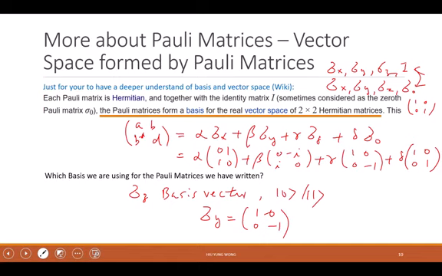But always ask yourself which basis you are using, and also what the meaning of each symbol is. Alpha, beta, gamma, delta are just numbers, scalars. These are matrices, so added together they become a matrix.